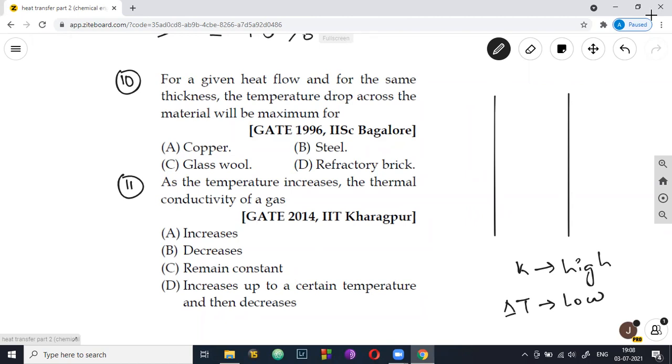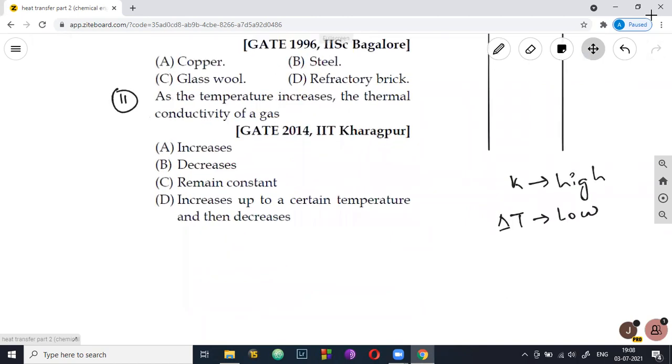It does not require a large temperature drop to conduct the heat. If the thermal conductivity value is low, then obviously delta T will be high. That means it will require a large temperature difference to conduct the heat. That's the basic idea of conduction.